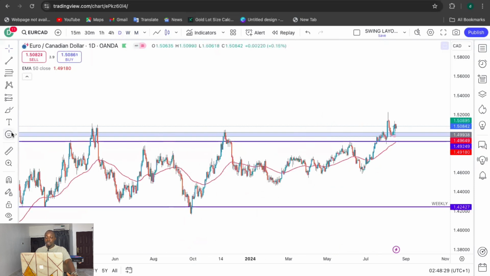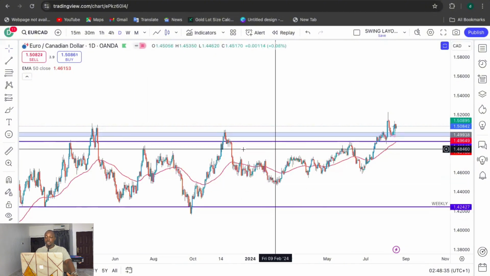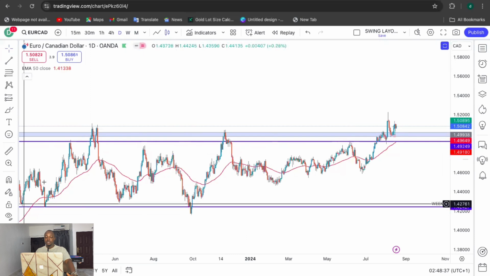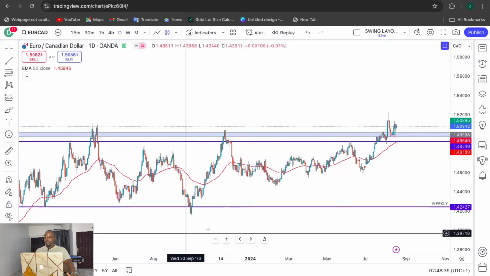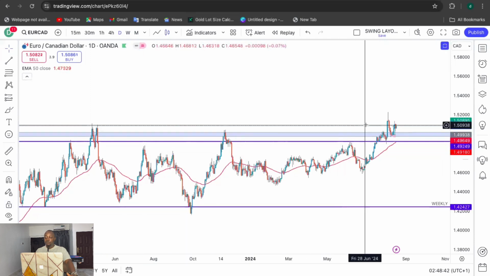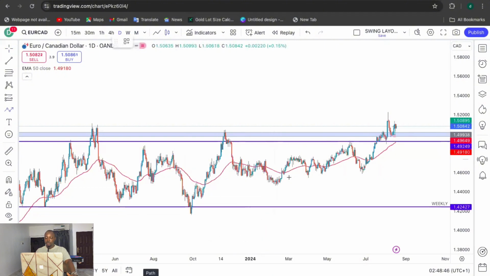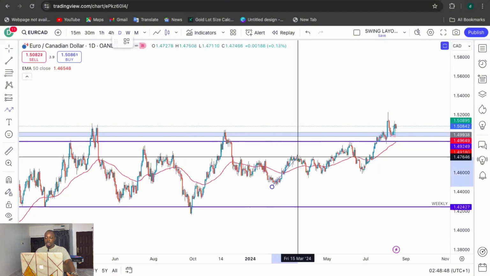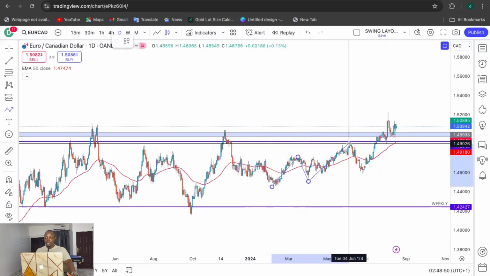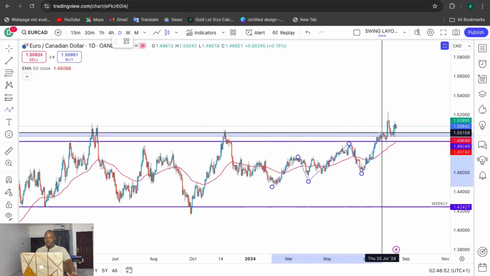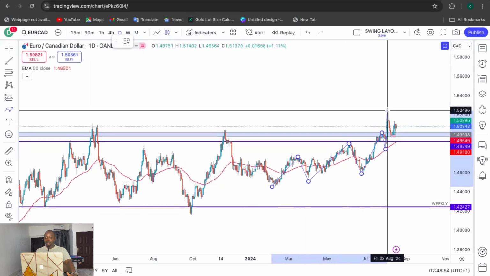Let me take it down to the daily time frame so you see what I'm talking about. You can see on the daily time frame, this is the same range I've been seeing on the weekly and the monthly time frame, the lows, the highs, and the market was trapped in this level for a pretty long time. The market broke above the level bullishly. You can see, let me take my path: low, high, higher low, higher high, higher low, higher high, higher low, higher high.